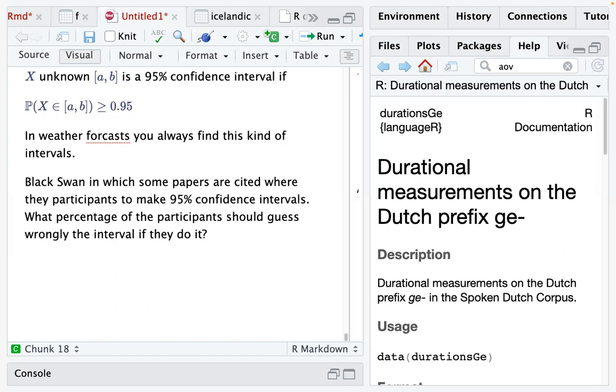How many of the participants should guess the interval wrongly if each one has really a 95% probability of having guessed it correctly? 95% of them should guess correctly, because you allow for a 5% probability of making an error while estimating this interval.